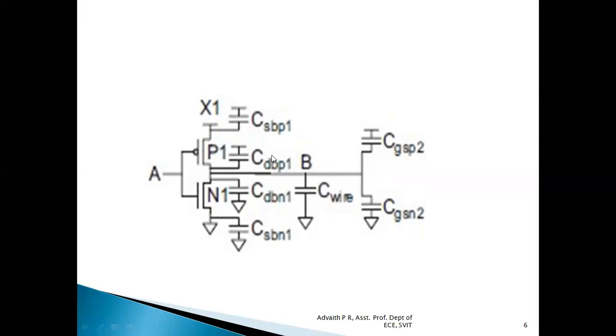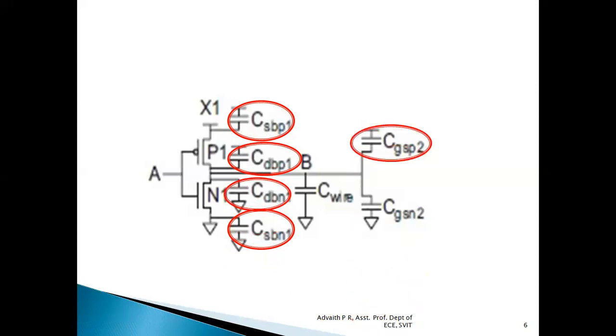The source to body capacitors as well as drain to body capacitors with respect to the P1 transistor as well as the N1 transistor are all parasitic capacitors. Some of these capacitors are: the source to body capacitance of the P1 MOSFET, the source to body capacitance of the N1 MOSFET, the drain to body capacitance of the P1 MOSFET, the drain to body capacitance of the N1 MOSFET, the gate to source capacitance of the P2 MOSFET, and the gate to source capacitance of the N2 MOSFET.